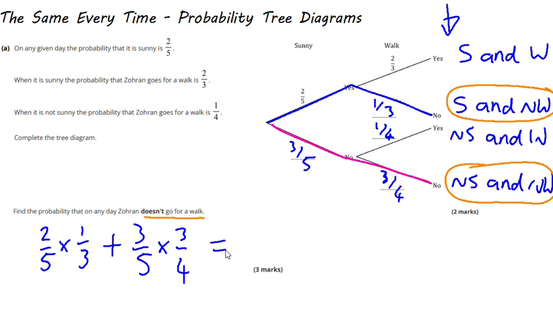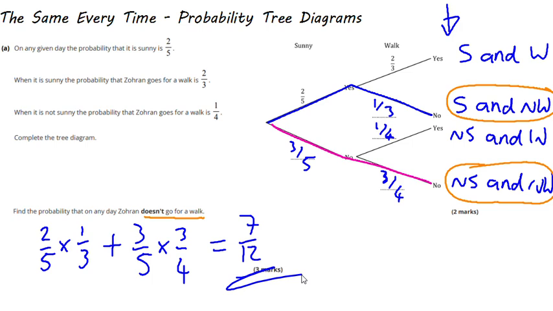Do this yourself as well, just to make sure that you can get the answer. 2/5 times 1/3, and then plus, make sure you write it exactly as it looks. Just check your answer with mine. 3/5 times 3/4, and I've got 7/12.